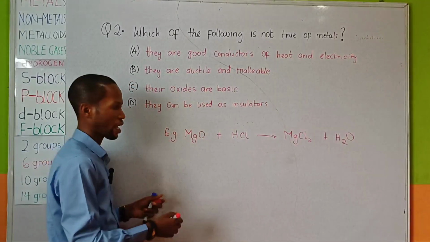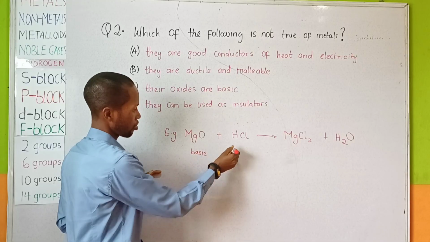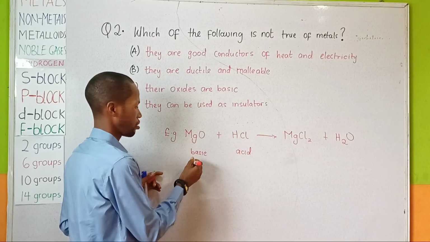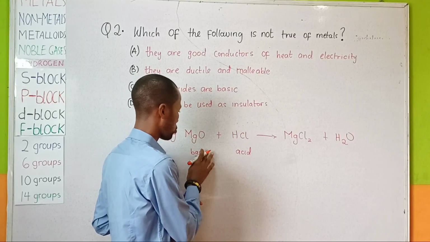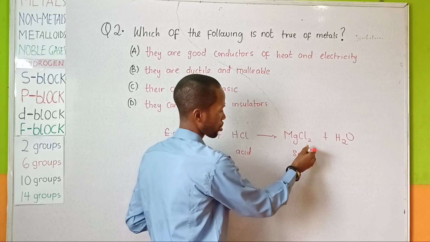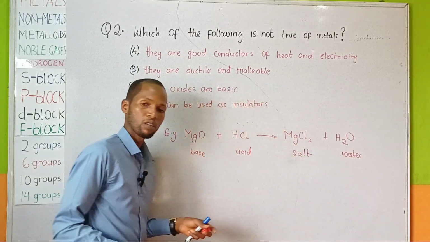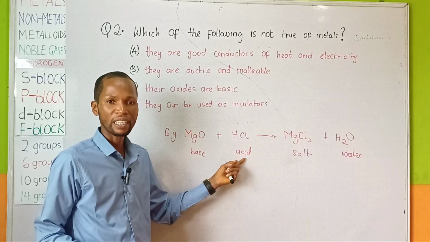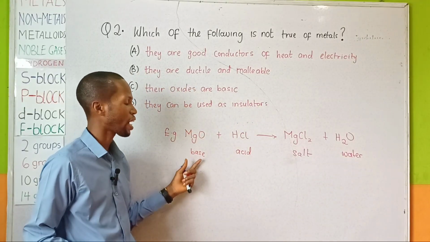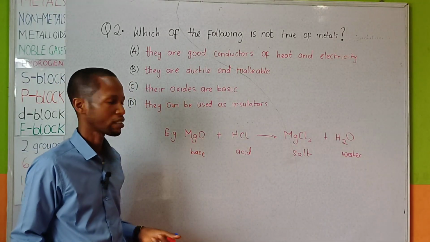The magnesium oxide is basic, and this is an acid, therefore resulting in the formation of a salt and water. So a substance that reacts with an acid to form salt and water is said to be basic. So metal oxides are basic. So option C is correct for a metal.